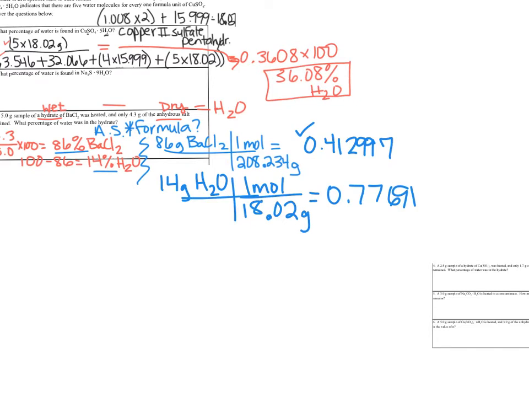So our next step is to divide both of these by the smallest so that we can get a ratio. So this one we get 1 of our anhydrous salt. And to figure out water, we're going to divide those two numbers.